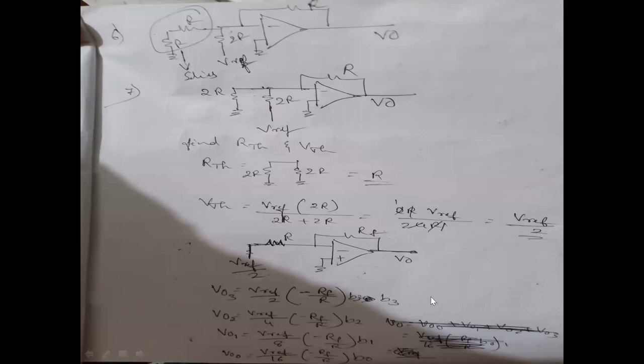So for an inverting amplifier, what is the output you obtain? Minus RF by R1, or minus RF by R, into V input. Here V input is your V reference by 2, so that's what we will substitute here. Since it is binary B3 that is higher, we will consider the output to be V03.